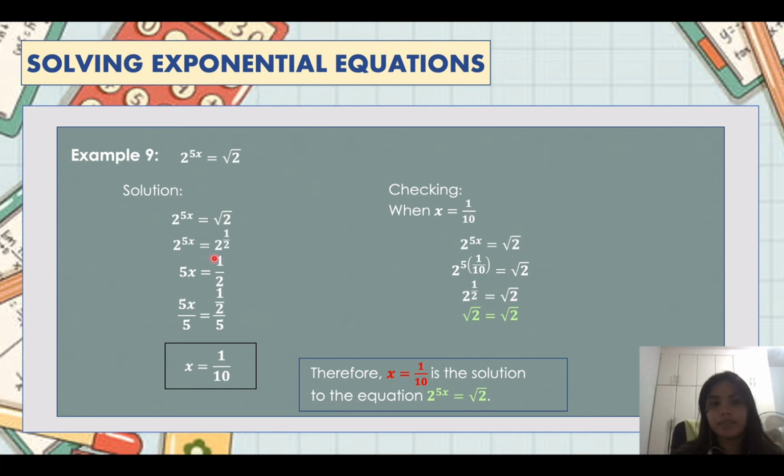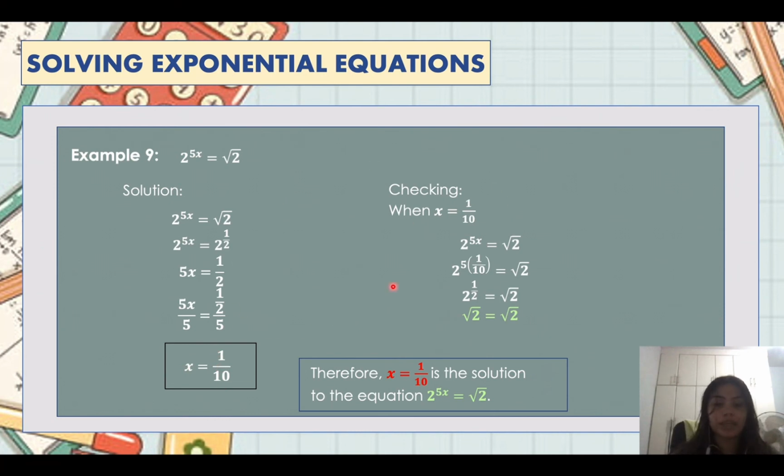Now, as you can see, we then have the same base. So, what we do next is to bring down its exponents. Thus, we bring down 5x and 1/2. So, 5x equals 1/2. Now, we need to solve for the variable x. So, we divide both sides by 5. After doing so, we get a result of x equals 1 over 10.